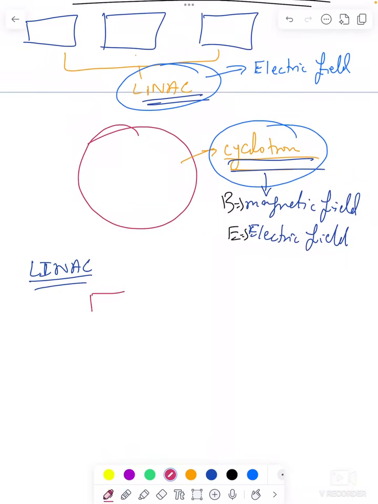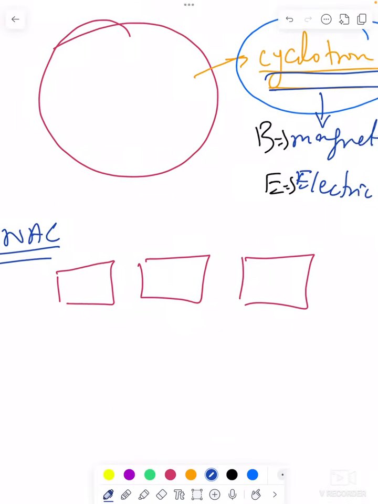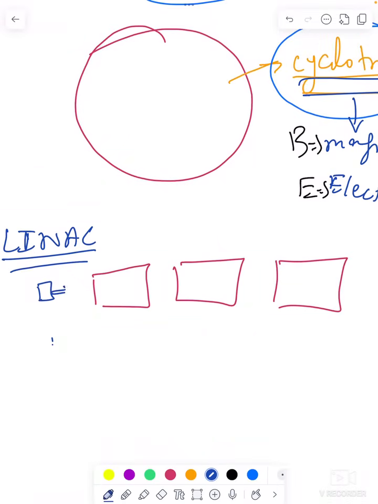When we talk about Linac, it's a straight line. Now in this straight line we have a particle which is shot from the source, or released from the source, however you want to say it, and it travels in the tubes.